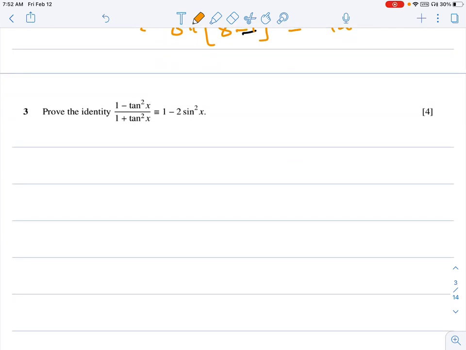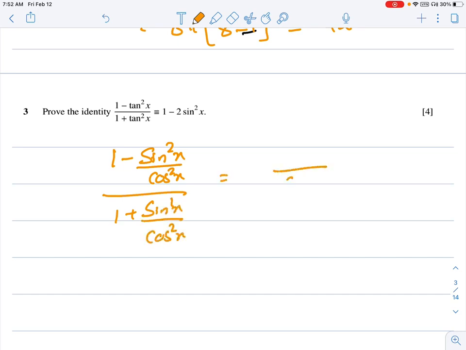Question number 3. Prove this identity. 1 minus tan square x is sin square x upon cos square x, divided by 1 plus sin square x upon cos square x. I take the common denominator for the numerator, which is cos square x minus sin square x. Same is the case, I take common denominator for the denominator, cos square x plus sin square x.